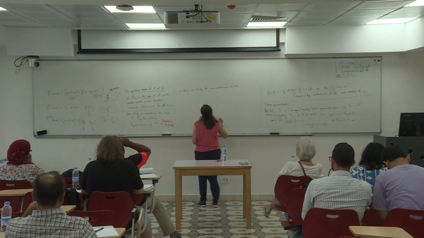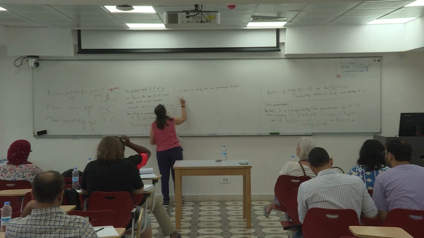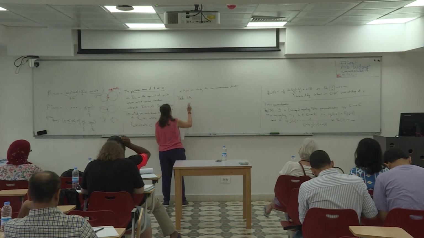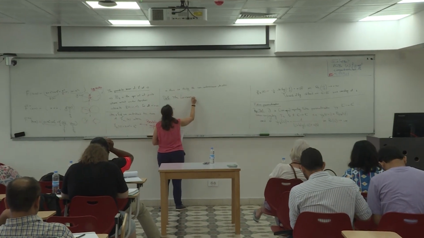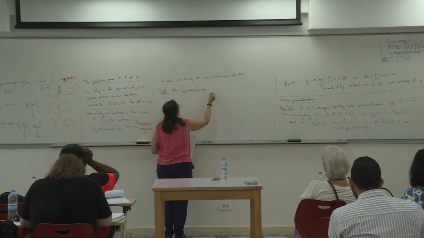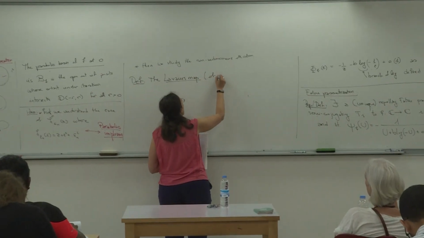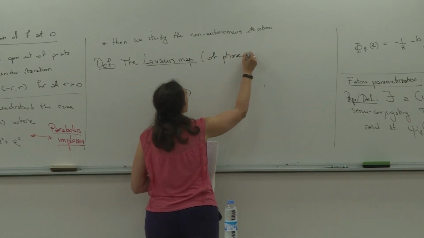All right, so definition, the Lavor's map. Well, there is a phase of phase 0, but you don't care about it.